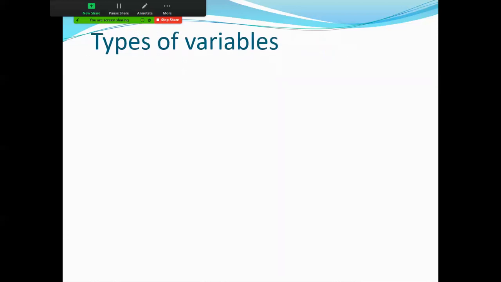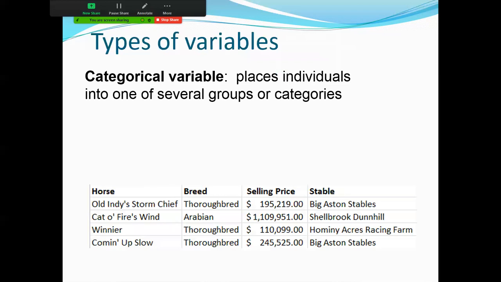Types of variables. Categorical variables place individuals into one of several groups or categories. So categorical variables are categories, like the type of breed is a category.